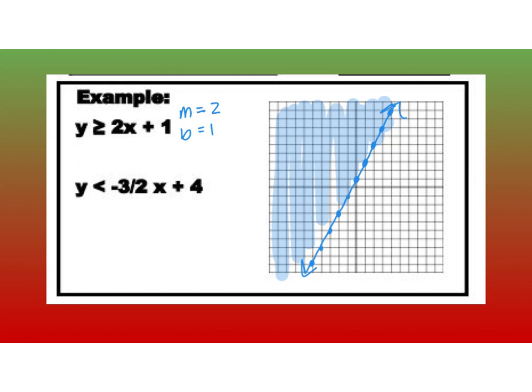So now let me switch to a different color, and now I'm going to graph the other. So I have an m of -3/2 and a b of 4. So I'm going to start with my y-intercept at 1, 2, 3, 4, and a slope of -3/2. So I'm going to go up 3, left 2, up 3, left 2, and so on and so forth.